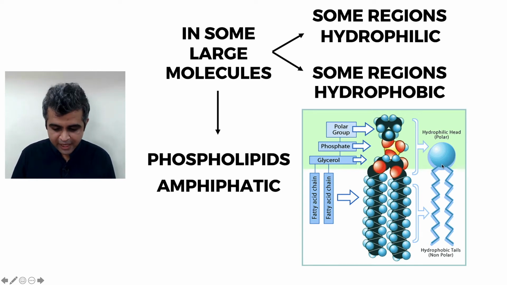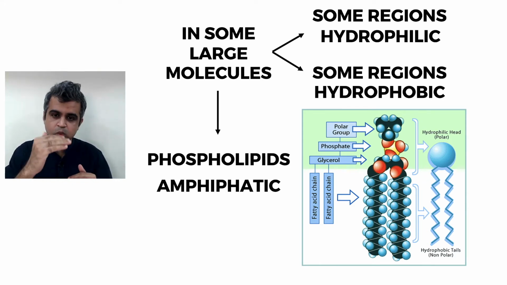So as soon as you put thousands of these molecules in water, they will arrange themselves on their own in such a manner that when they are dissolved in water, their heads will be towards water and their tails will be inside.